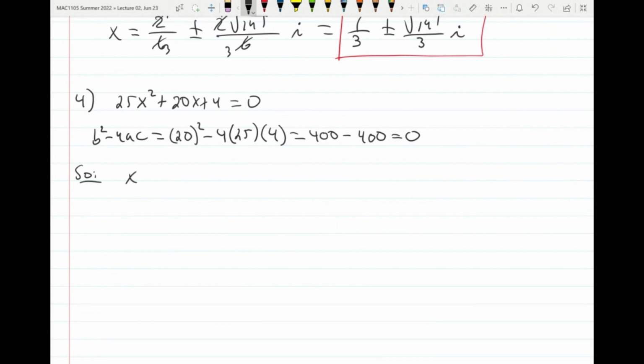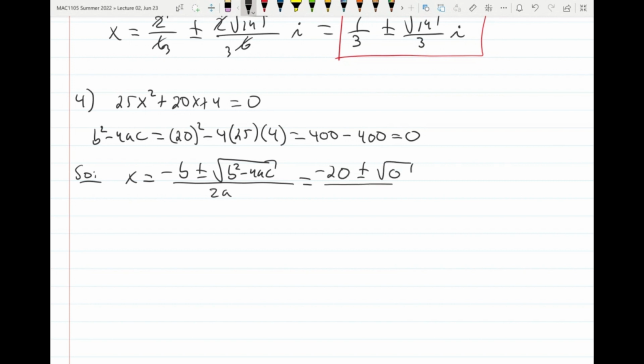So the x formula is negative b plus or minus square root of b squared minus 4ac over 2a. Put it in. So our b is 20, so it will be negative 20 plus or minus square root of 0 over 2 times 25. So, square root of 0, that's just 0.